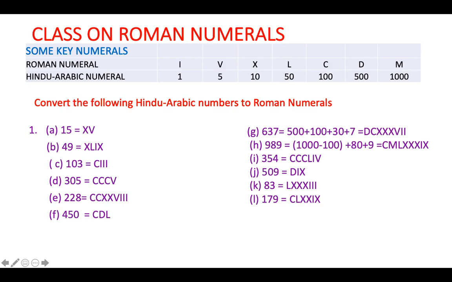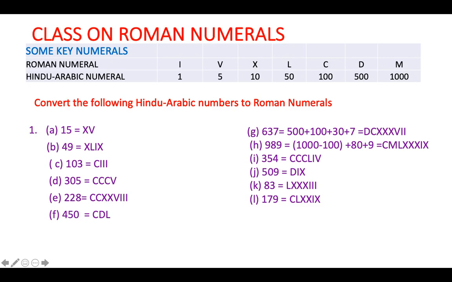I know everybody knows, but still for your help and for my satisfaction, I am going to repeat this. 1 looks like capital I, 5 looks like capital V, 10 looks like capital X, 50 looks like capital L, 100 looks like capital C, 500 looks like capital D, and 1000 looks like capital M. So you can see on the screen that the key numerals are given.